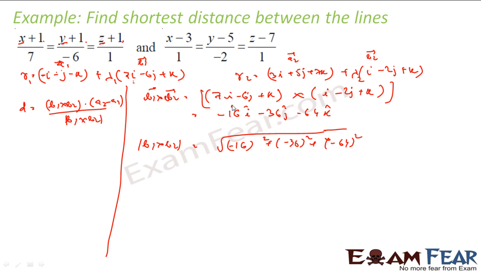Sorry, this will come out to be 4, and this will be 6, and this will be 4. I can solve this actually. Why get confused, because I don't know the value.